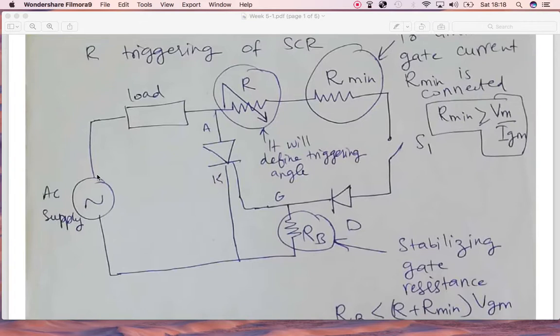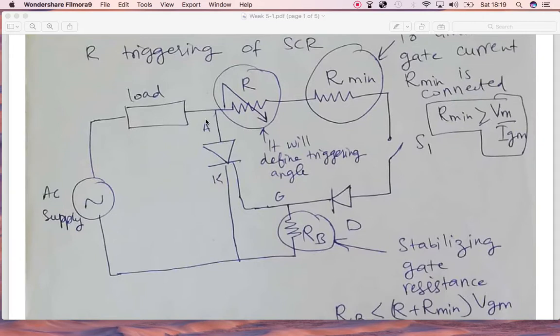So when there will be voltage appearing at the load, the current is flowing in this loop. When we have the AC source over here and the positive half cycle, the current will be passing from here, and all the voltage which is in the supply appears across the load.